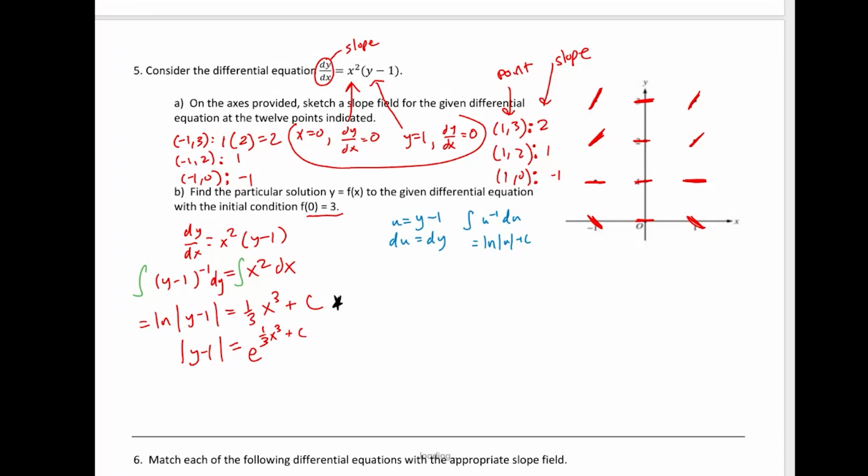We can get rid of those absolute values by doing plus or minus. And since we have an output of a positive number here, we know that we're going to take the plus. So y minus 1 equals positive e to the 1/3 x cubed plus c. And then adding 1 to both sides, we get y equals e to the 1/3 x cubed plus c, plus 1.